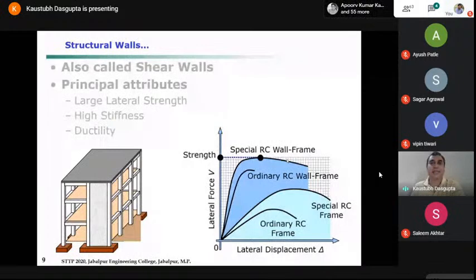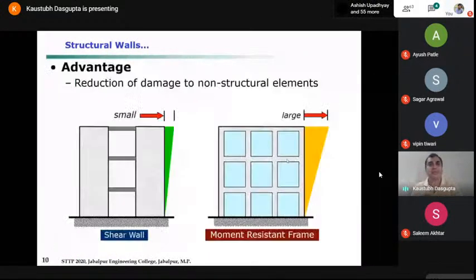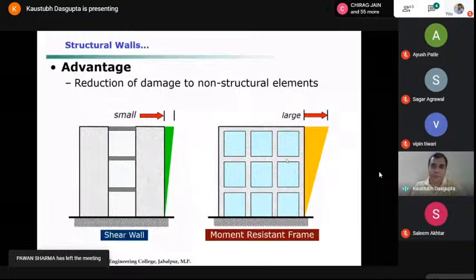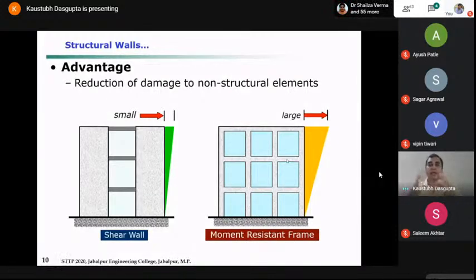As the displacement is reduced, the lateral sway of the building is reduced due to the stiffness of the wall. Okay, your non-structural damage is less. What is non-structural damage? Suppose you have a building where there is a laboratory of the chemistry department. So you have a number of beakers, then pipettes, glassware, equipments, so many of them. So if that particular story, that floor experiences large acceleration as well as sway, what will happen?